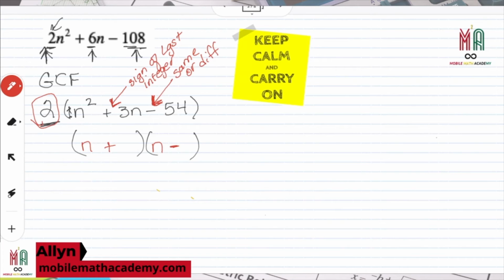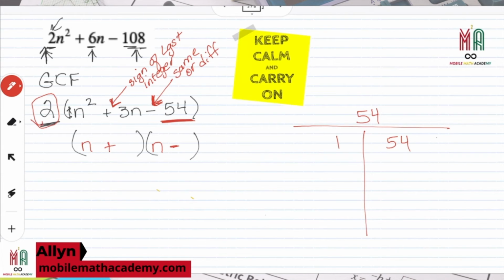Okay? So, and we're talking about the integers in terms of absolute value. So, I need to write down all of my factors of 54. So let me go over to the side. 54. I have 1 and 54.